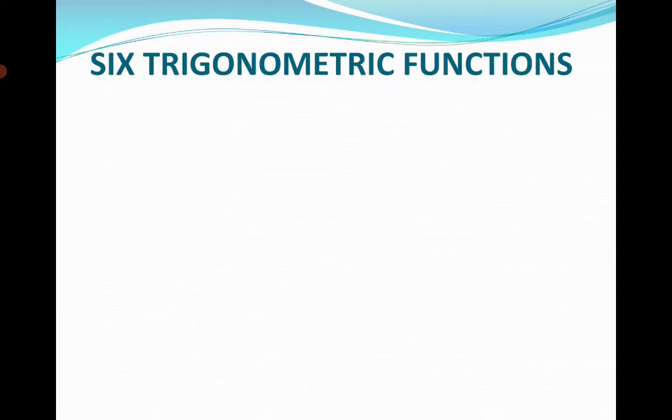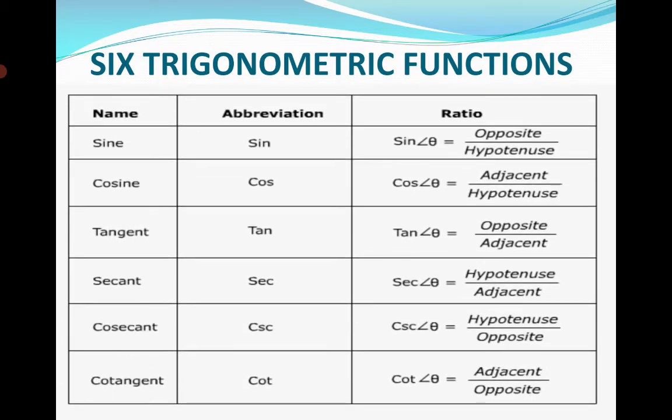Okay, so what are the 6 trigonometric functions? So these are the 6 trigonometric functions. We have the sine, cosine, tangent, secant, cosecant, and cotangent. So, andyan na rin nakalista yung mga abbreviation nila. So, just check it out or screenshot nyo. Okay? So, the ratios of these 6 trigonometric functions: sine theta is equal to opposite over hypotenuse.